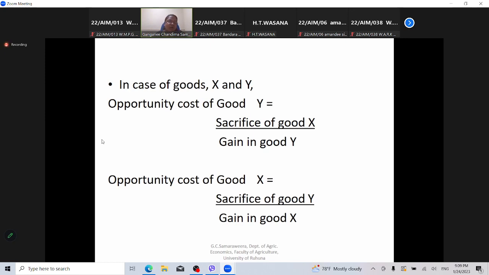In another way, we can say the opportunity cost of good X, the other good. In that case also, the same way, the sacrifice of good Y, because you forgot or you missed that one to take X. So the opportunity cost is the foregone cost you sacrifice for gaining good X. So I think if you know the basic idea, you can do any type of calculation to find the opportunity cost.